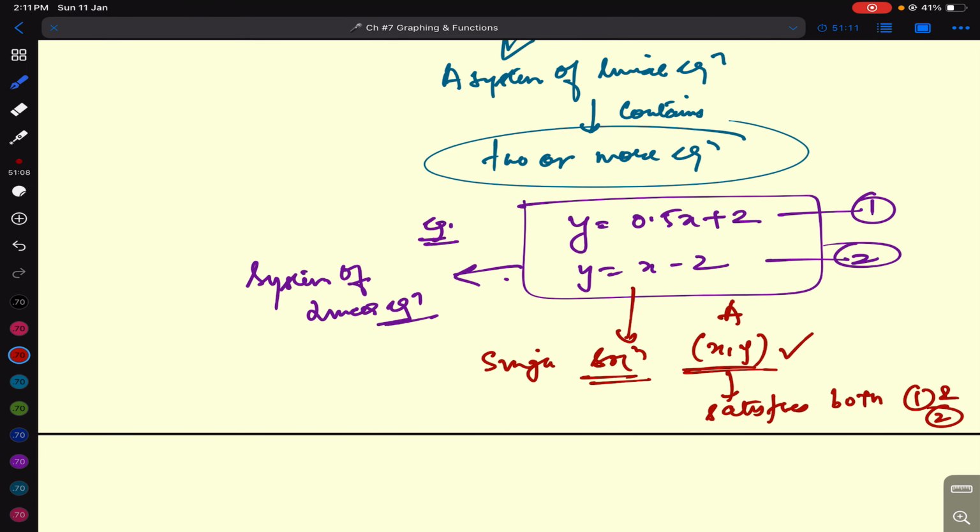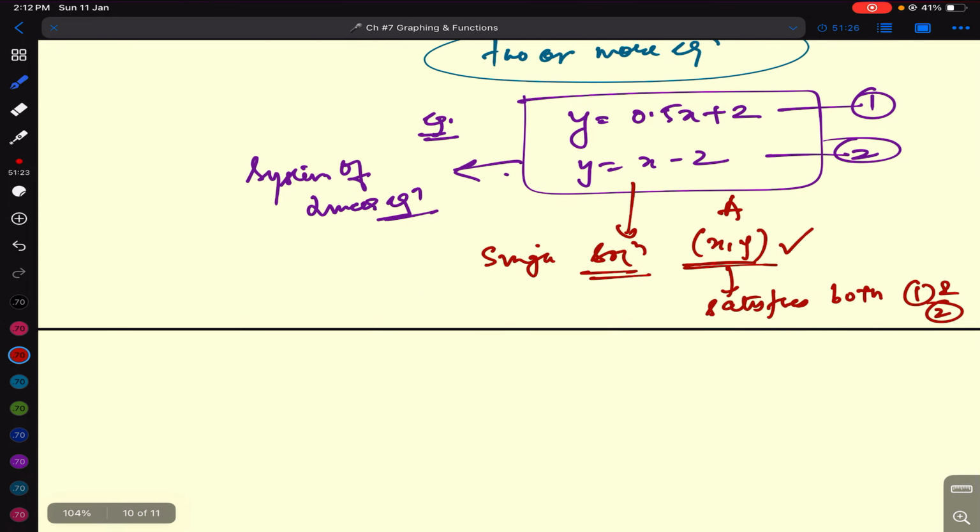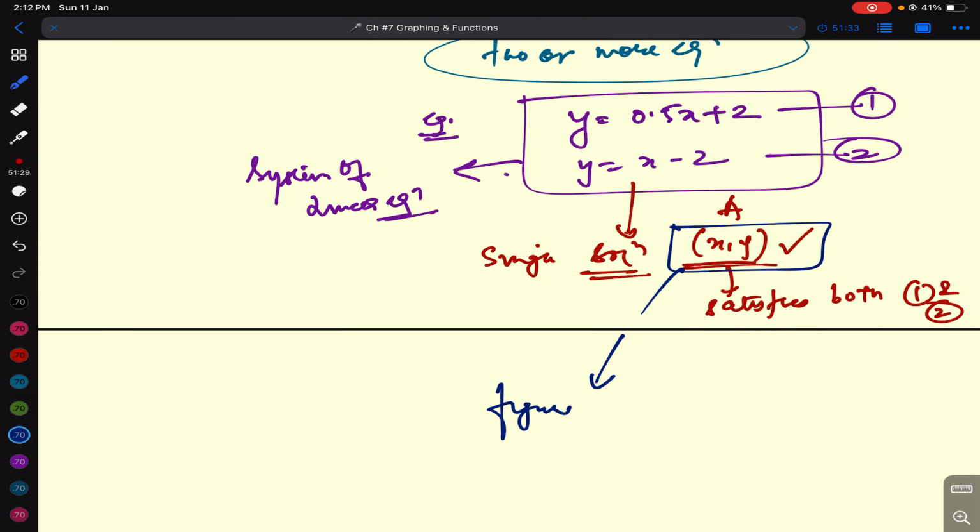Or to say it in other words, how do we solve the system of linear equations? And now we are not going to solve it mathematically. We are here learning how to solve the system of equations graphically. Okay, so we have to figure out the solution graphically.